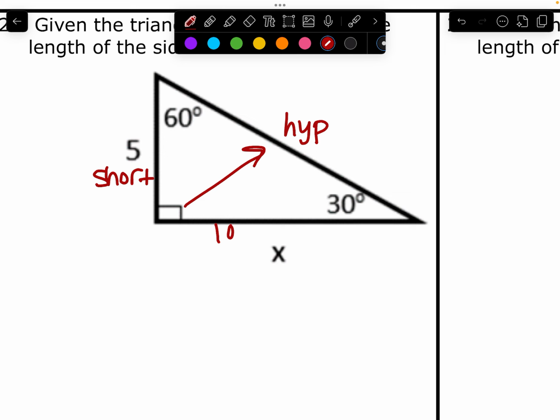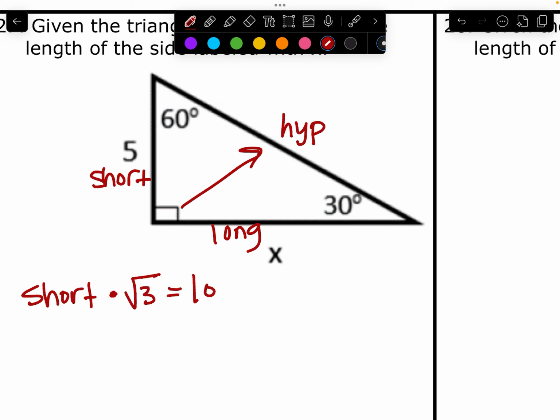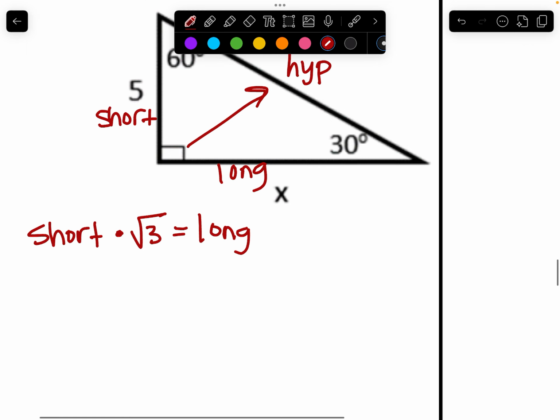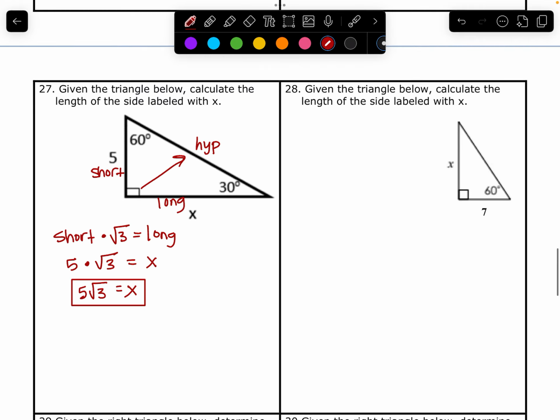This would be the long leg. And so the 30, 60, 90 rule is that short times square root of 3 equals long leg. So that'll be 5 times the square root of 3 equals x. So 5 square root of 3, if you want to clean it up a little bit, you don't have to, equals x. All right, go ahead and try number 28.